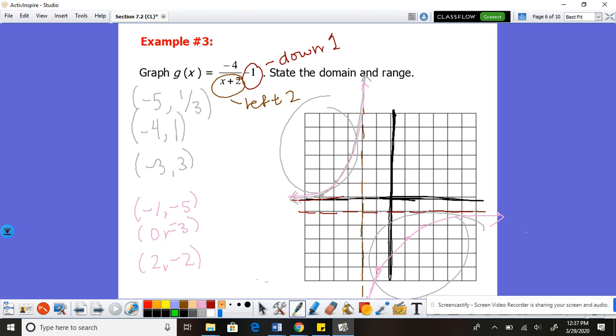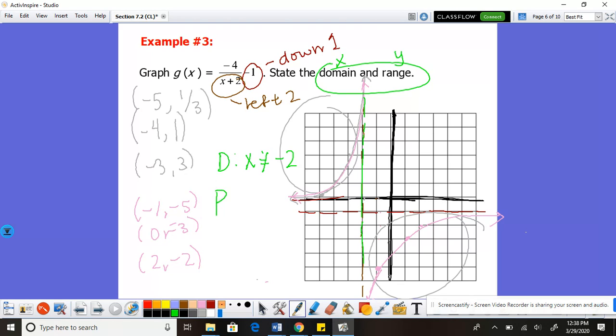Okay, so state the domain and range. Remember, guys, the domain is your x values, the range is your y values. So if we look here, the only thing that our x can't equal is this asymptote. So my domain would be x is everything except x cannot equal -2.